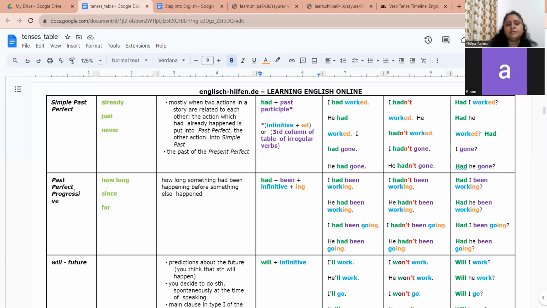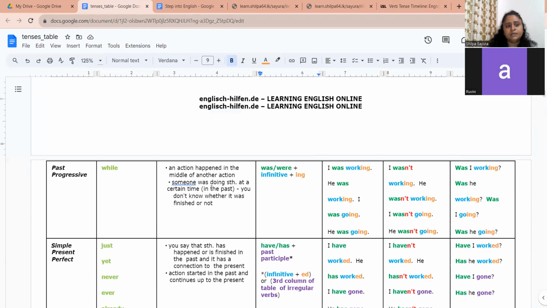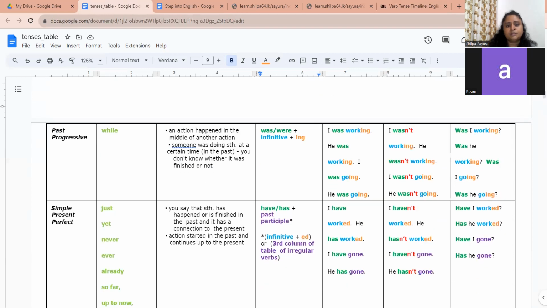Okay, the progressive is just like the continuous tense. It tells how long something had been happening before something else happened. If you compare it with the past progressive, an action happened in the middle of another action, or someone was doing something at a certain time, and you don't know whether it was finished or not.